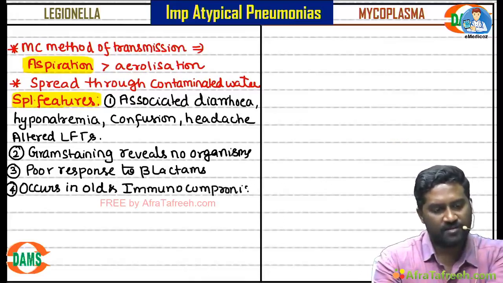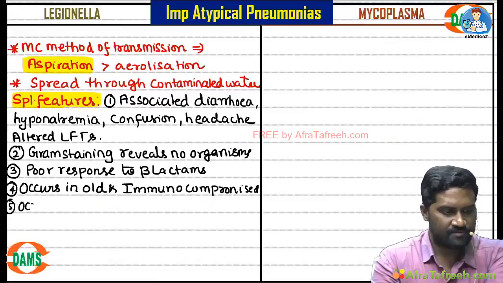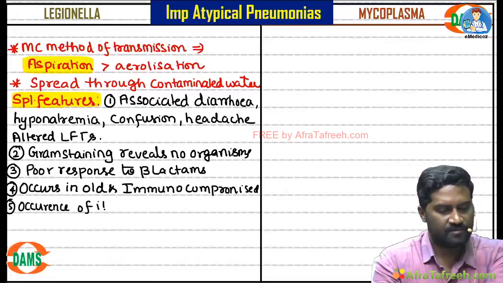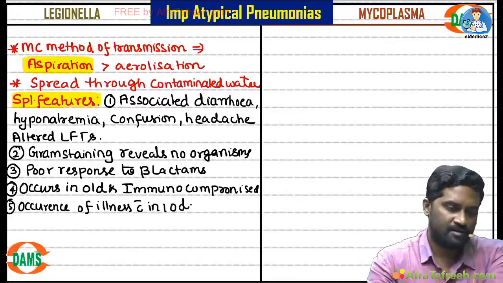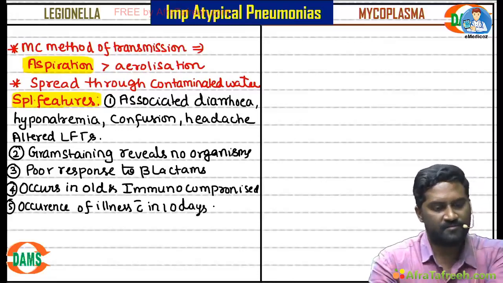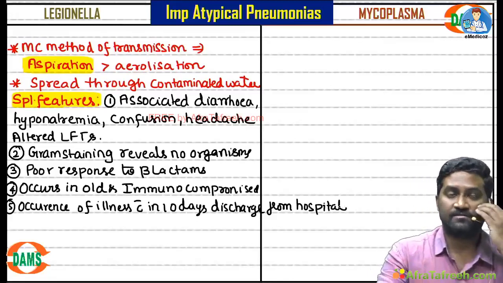If you see in the question, occurrence of illness within 10 days of discharge from hospital, one possibility is Legionella. Now, what is this entity?